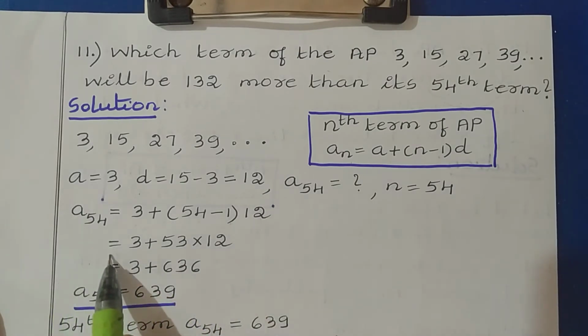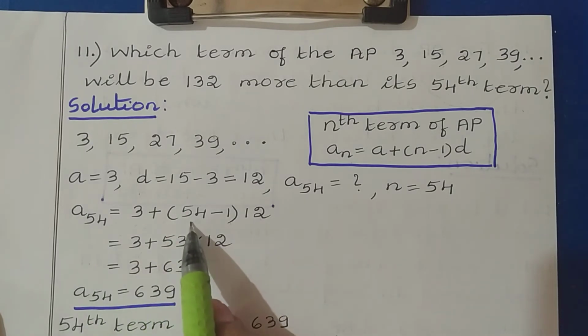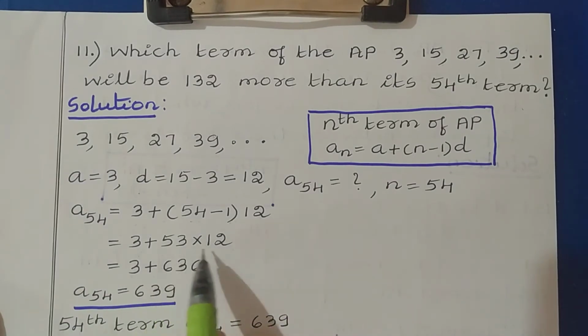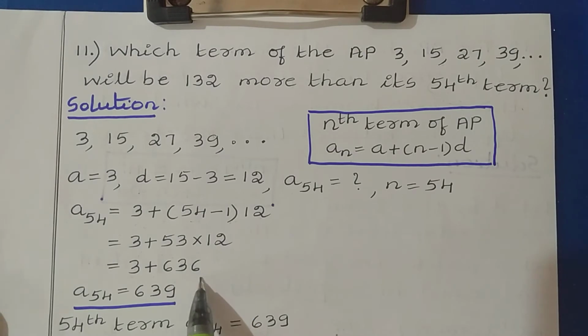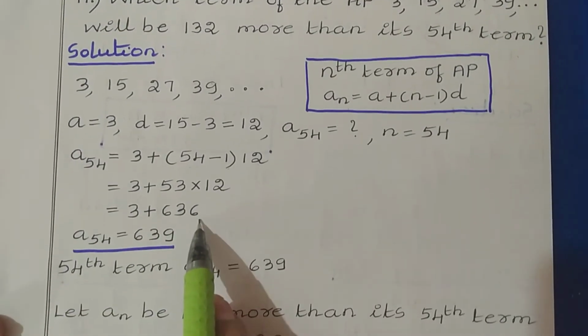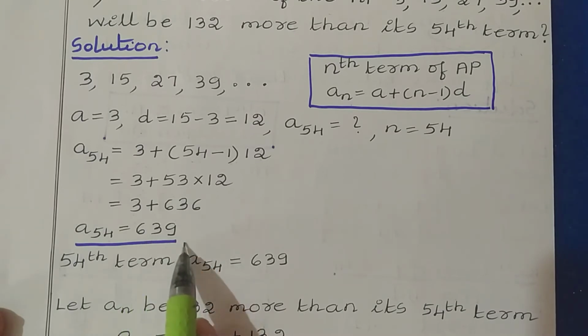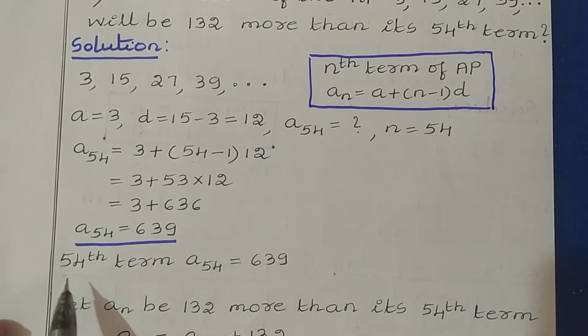So A54 is equal to 3 plus 54 minus 1, 53, into 12. So 3 plus 53 into 12, which is 636. 3 plus 636, that means A54 is equal to 639. Now we got the 54th term is equal to 639.